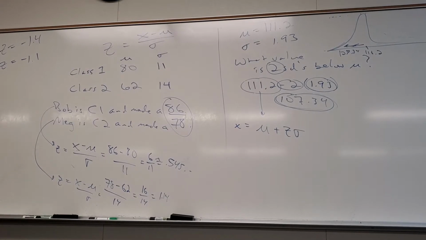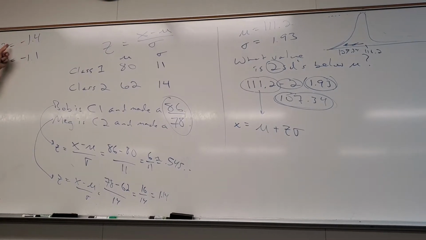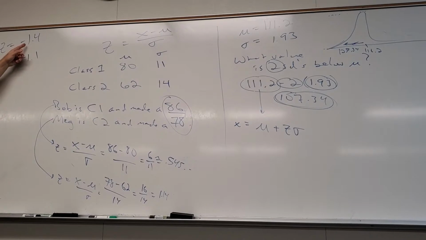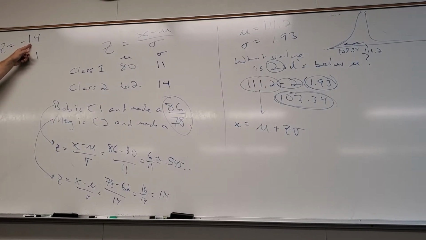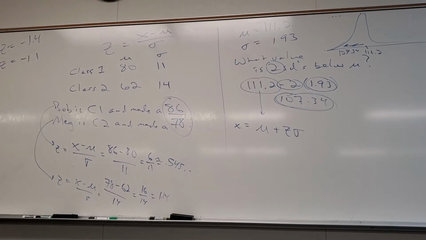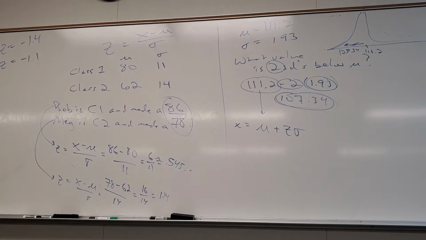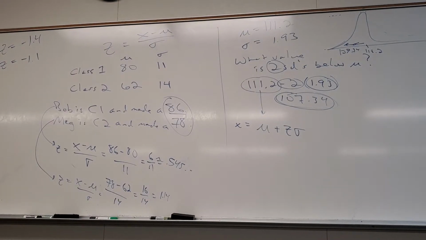First one. What does this mean? His score was what? 1.4. 1.4 what? Standard deviations below the mean of his class, right?